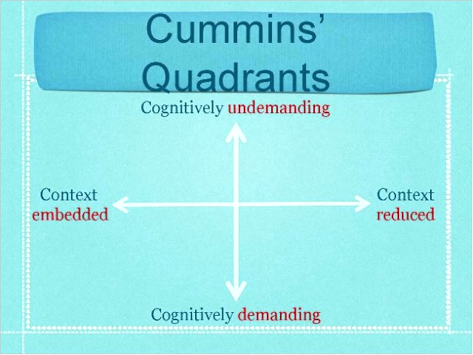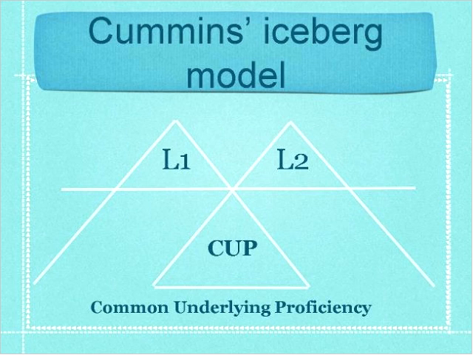Before we get into the picture book part of things, I think it's worth having a look at Cummins' iceberg model as well. It does look like an iceberg with L1 and L2 above the water, and below the water we have the CUP, which is the common underlying proficiency.